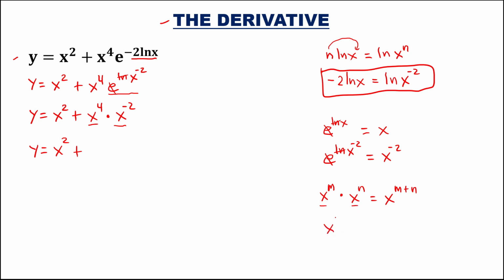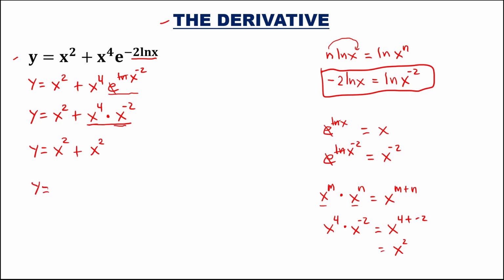So for x to the power 4 times x to the power negative 2, this becomes x to the power 4 plus negative 2, and 4 plus negative 2 is equal to 2. So this is equal to x to the power 2.